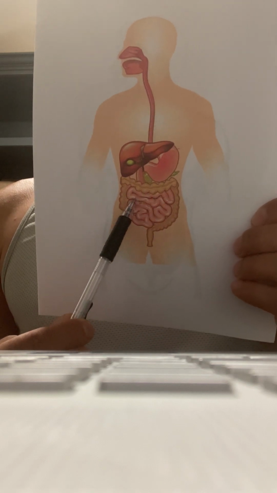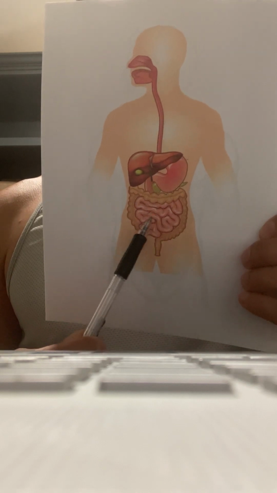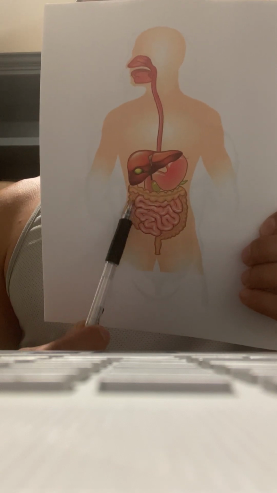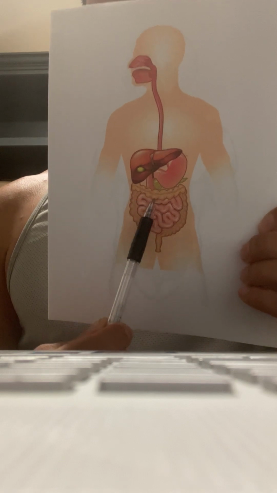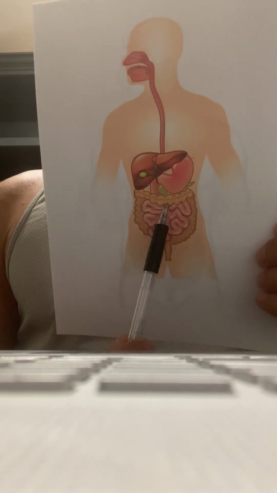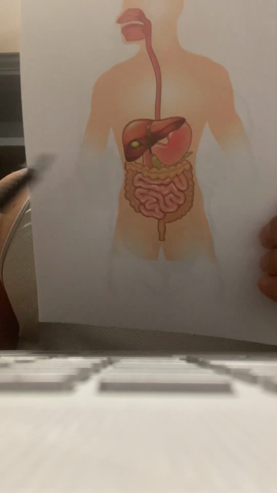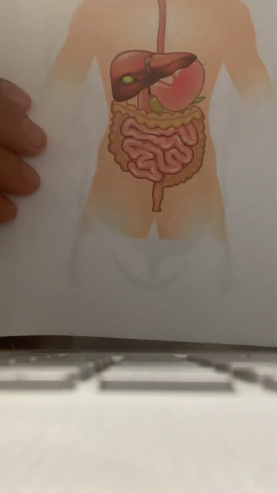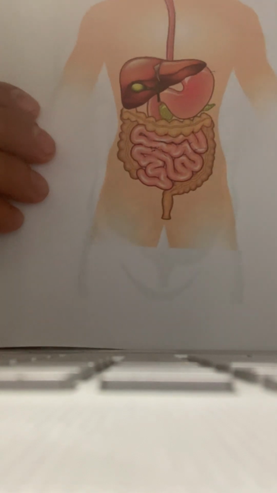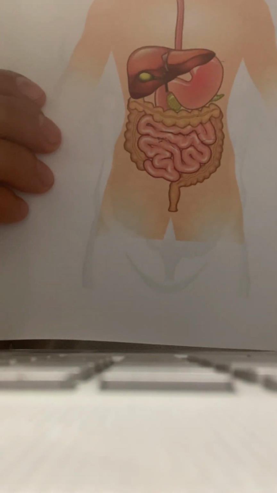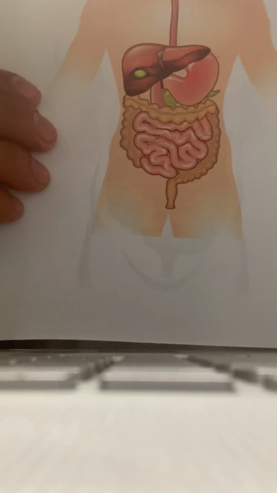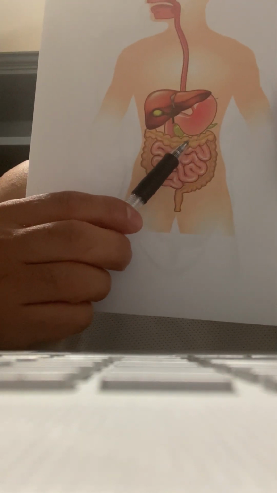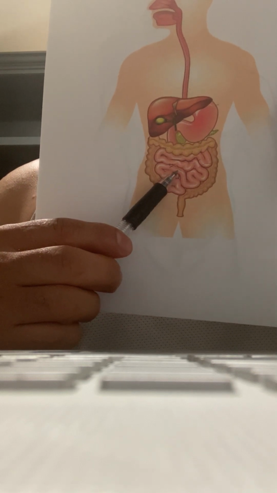Now the small intestines, which is this, connect to the colon, which is also called the large intestines. Let me show you the picture right over here. As you can see, the large intestines is connected to the small intestines. This is the large intestines, and this is the small intestines.